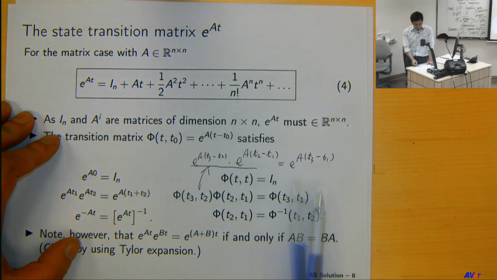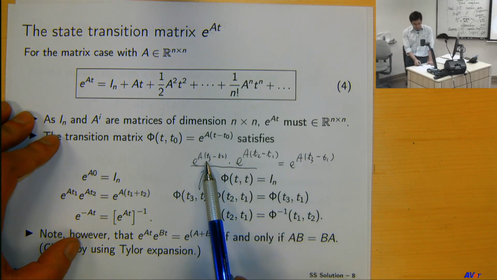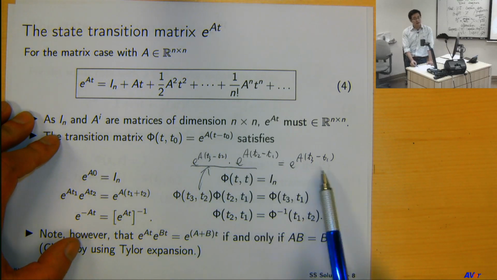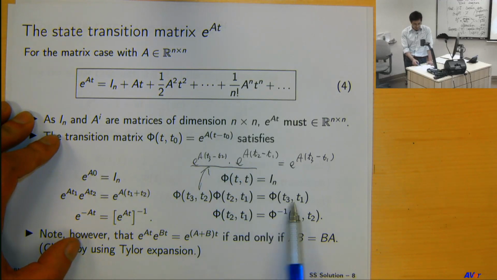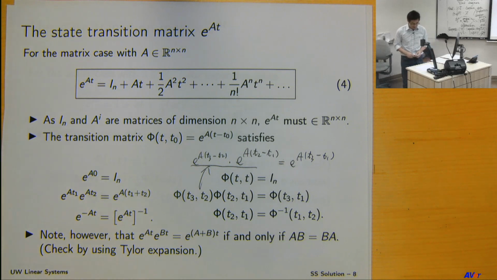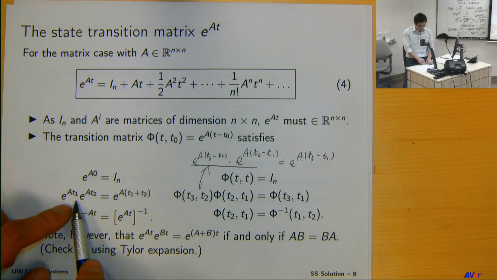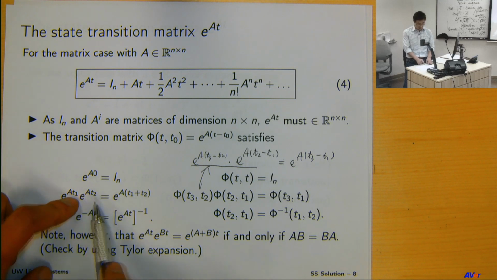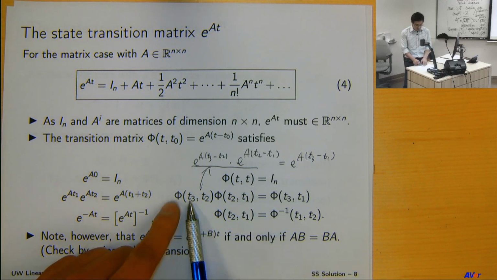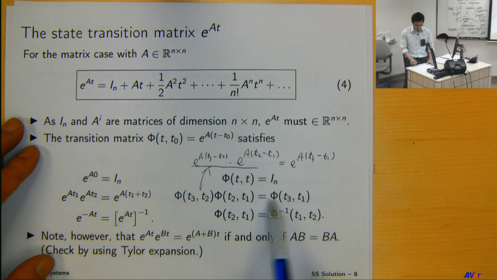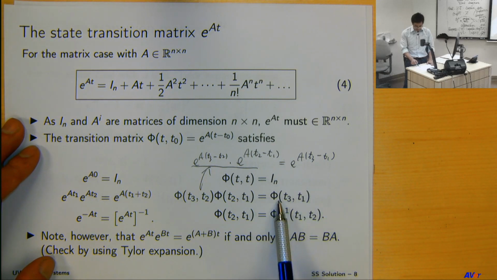So if you only want to know the transition state at t3, you can skip over the intermediate state of transition. So that's this property. All right? This is using the property of e^(A t1) times e^(A t2) equals e^(A(t1 + t2)). So sequential transition can be simplified from the beginning to the end.